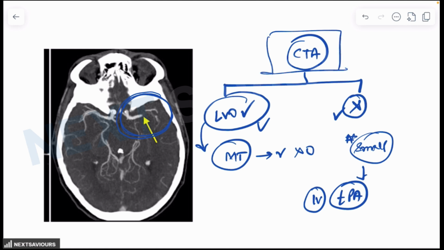Now, once you are done with the CTA imaging, the next thing that you have to look for is whether, during the course of ischemia, there is any brain tissue left alive or not. That means if there is an infarct, whether performing mechanical thrombectomy would be of any help or not.